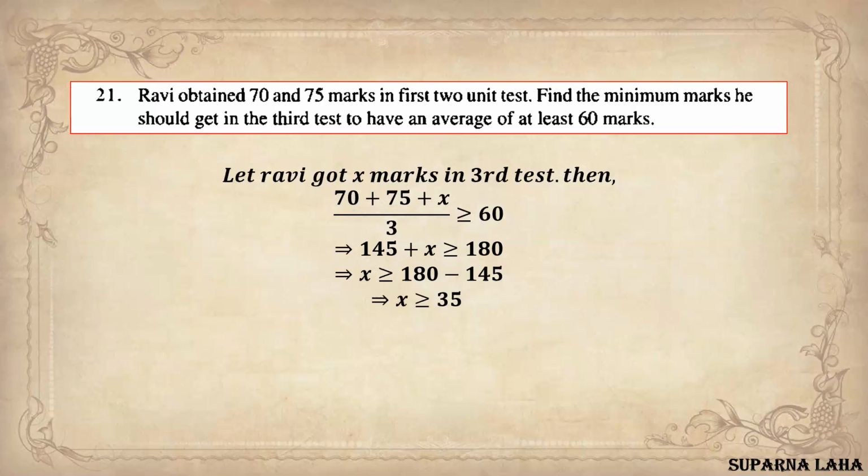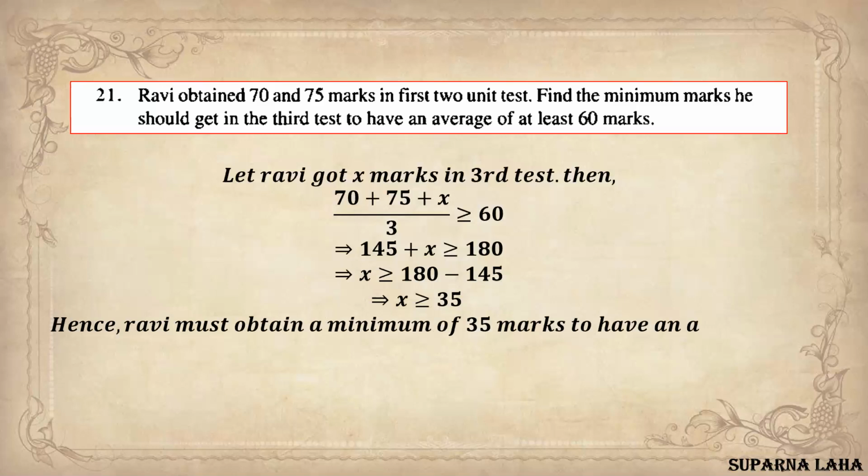So if he gets 35 or more than 35, his average marks will be 60 or more than 60. So the minimum marks for getting an average of at least 60 is 35. Write down the answer: Ravi must obtain a minimum of 35 marks to have an average of at least 60 marks.